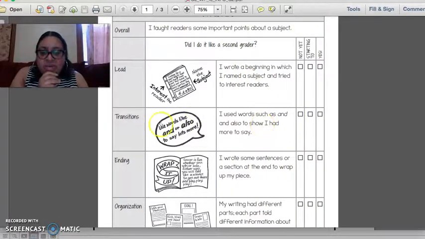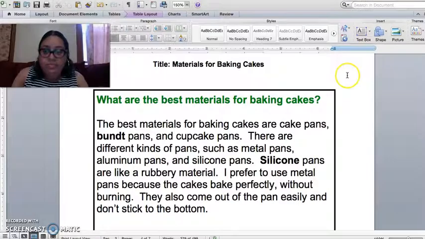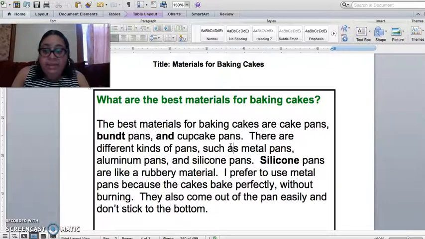Transitions. Did I use words like and or also? Let me check. The best materials for baking cakes are cake pans, bundt pans, and there I go, cupcake pans. There are different kinds of pans such as metal pans, aluminum pans, and silicone pans. Silicone pans are like a rubbery material. I prefer to use metal pans because the cakes bake perfectly without burning.